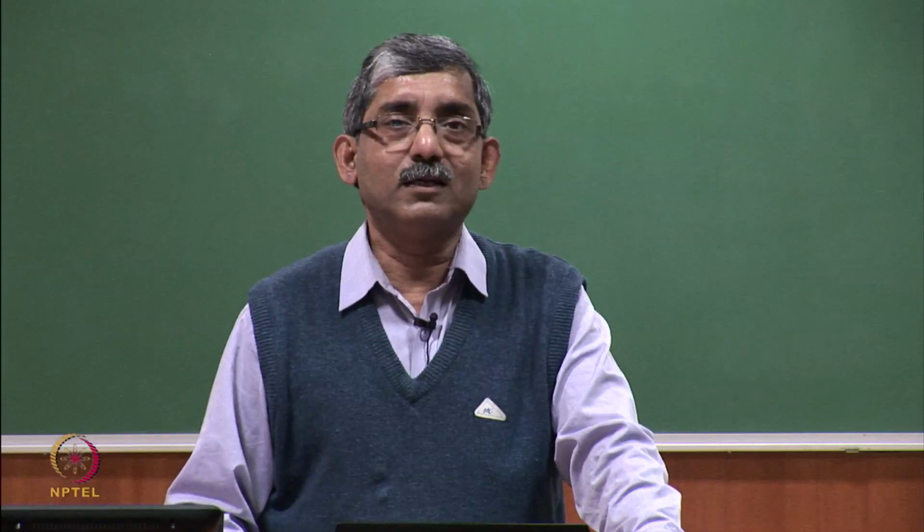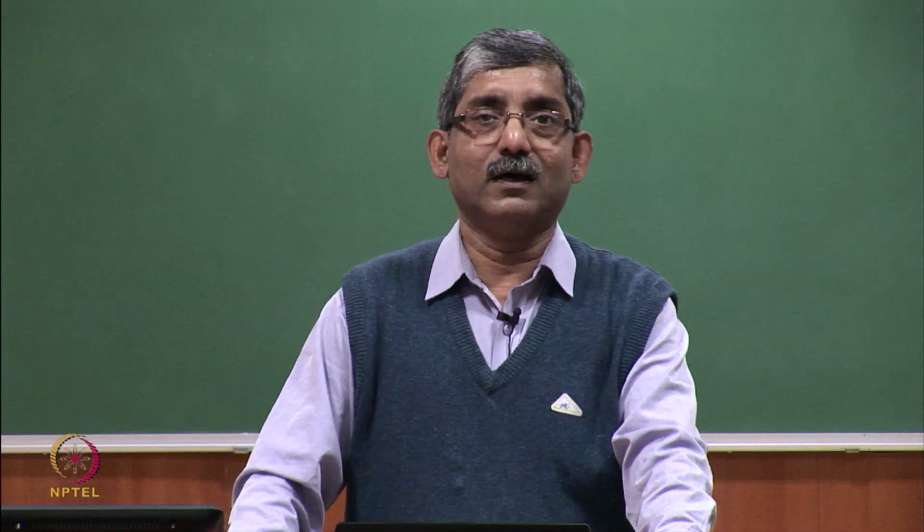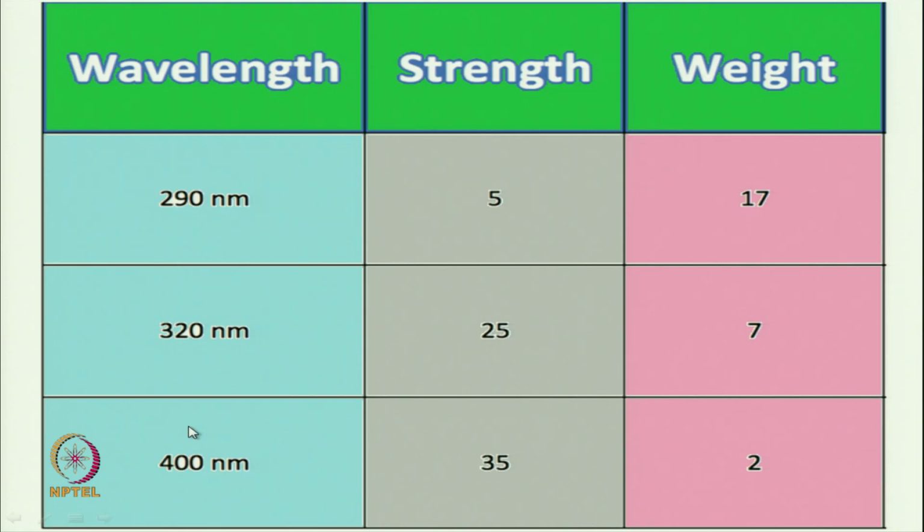Lower wavelength is more harmful than higher wavelength. So, as the wavelength increases, the weightage decreases depending on the harmfulness. So, 290 nanometer wavelengths are very harmful, which is why they are given higher weightage.